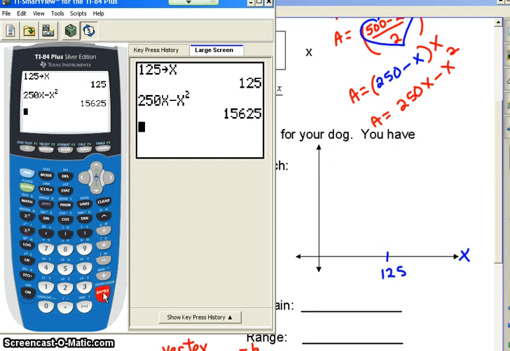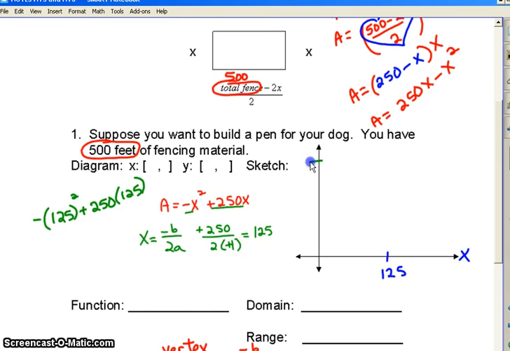So the vertex, the maximum area, it's going to go up to 15,625. Whenever x is 125, the maximum is going to be 15,625. Over here was 250 because that's what we divided by 2. The roots were 0 and 250.